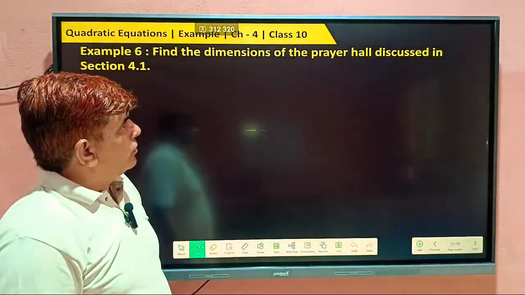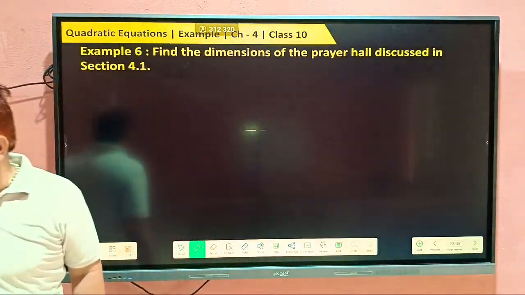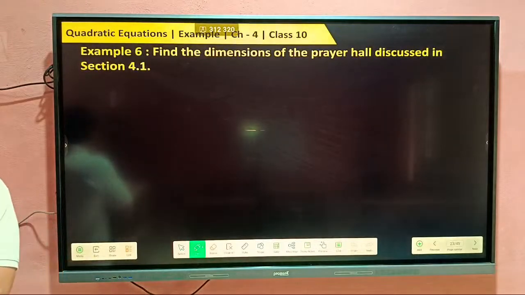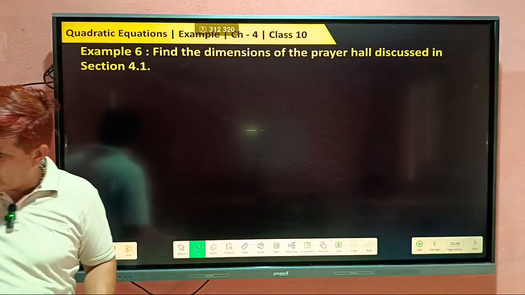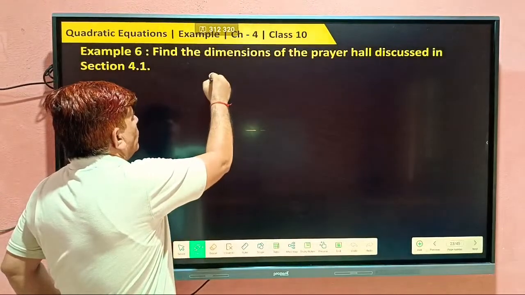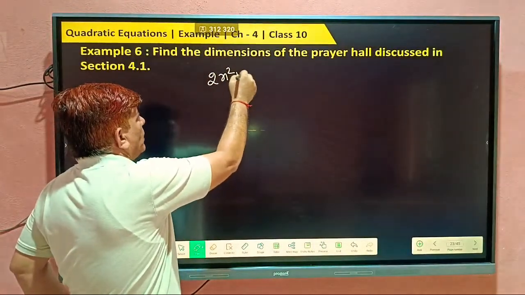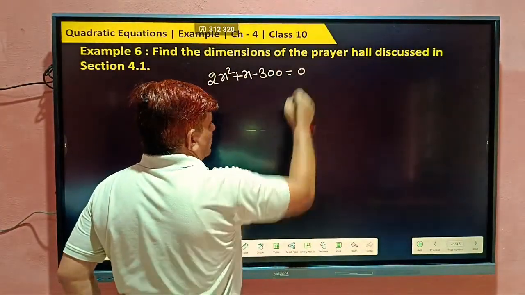Find the dimensions of the prayer hall discussed in section number 4.1. 4.1 means the starting of this chapter, where the equation comes like this: 2x square plus x minus 300 equal to 0.